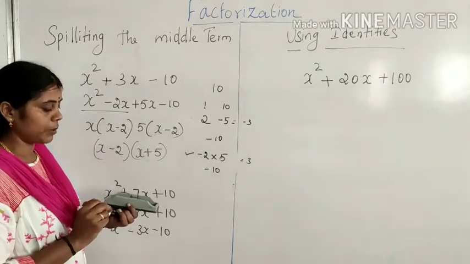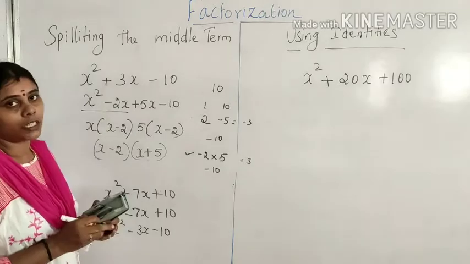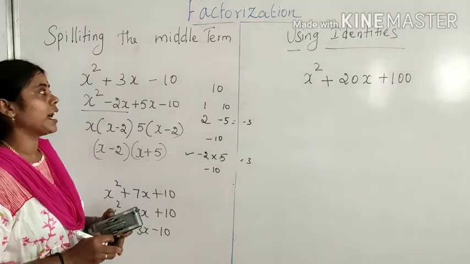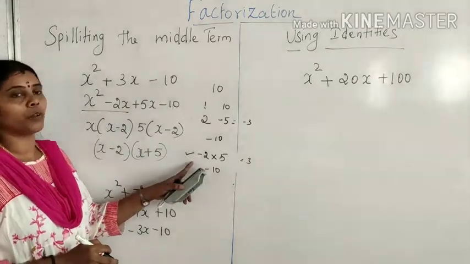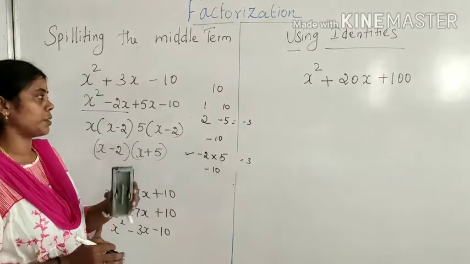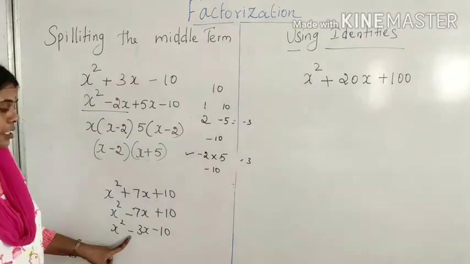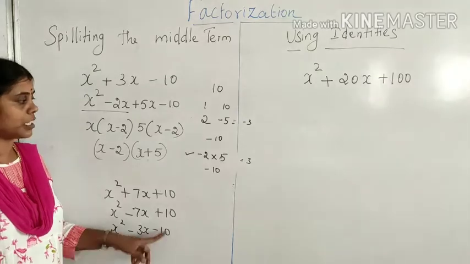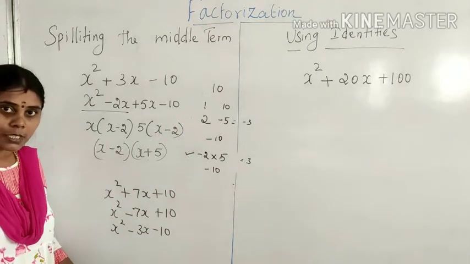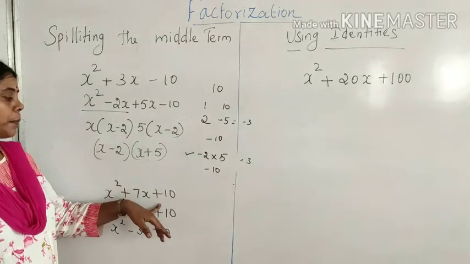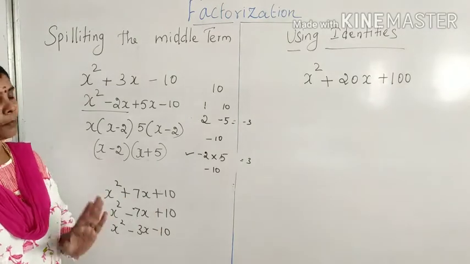Symbols will be decided by the middle term. If the middle term is plus and the last term is minus, then one term is plus and the other is minus. In the same way, if the middle term is minus and the last term is also minus, then one will be plus and one minus. And if both are plus, very simple, both are plus.